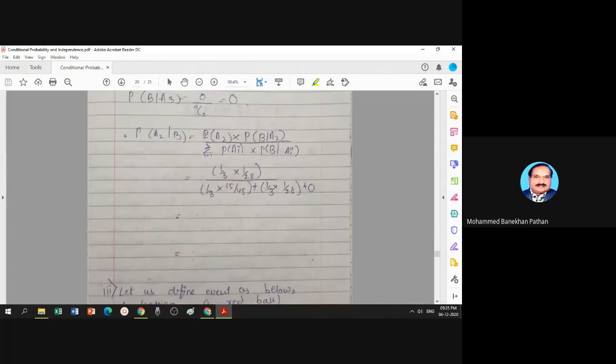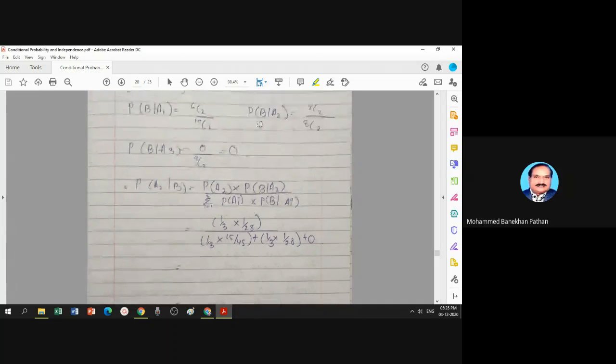Do the calculations as in bit number 1. Chance of getting A2, 1 by 3, into chance of getting both blue from A2. 2C2 is 1, 8C2 is 28, so it is 1 by 28.